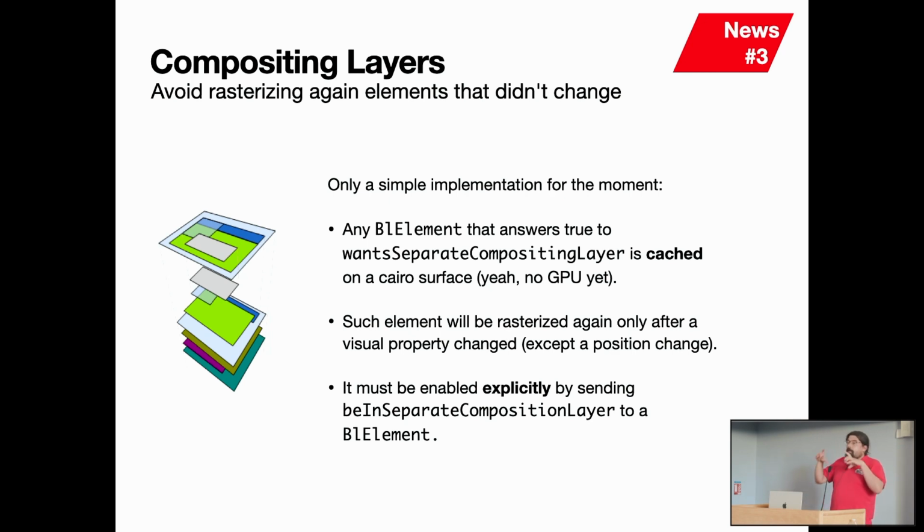So this element and everything included inside, all its children, will be rendered once and cached automatically. This is done directly by Bloc, with Alexandria in the middle, but it's handled directly.